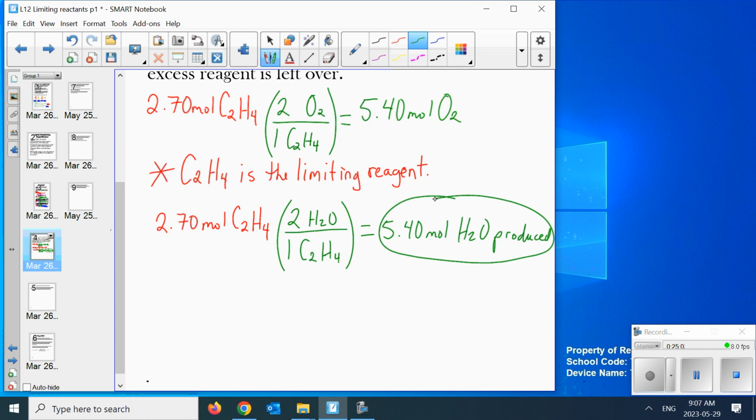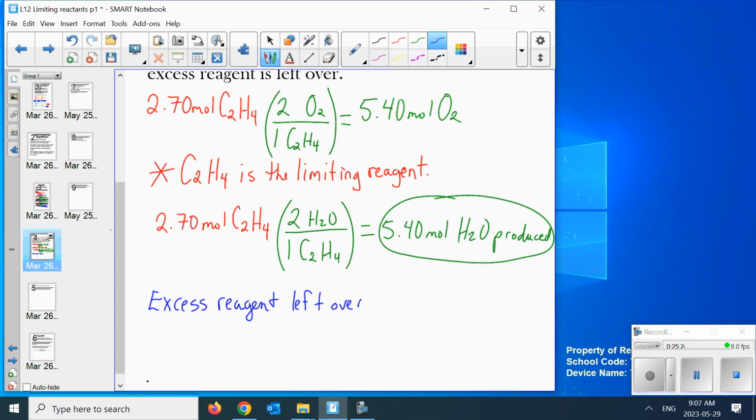Then, how much excess reagent is left over?